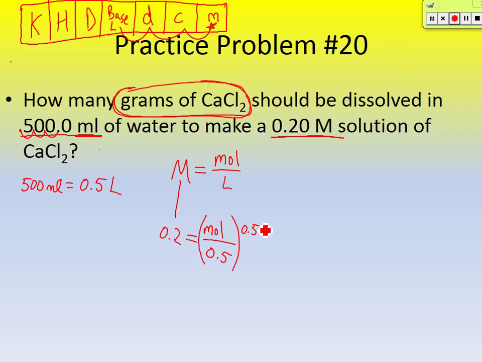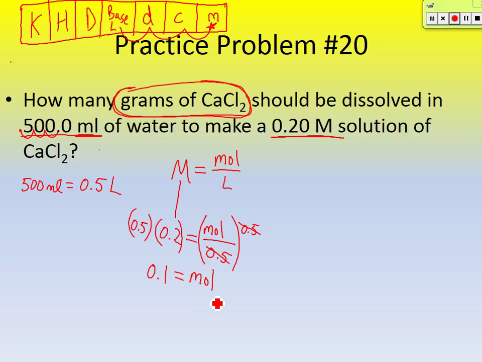Now it's an equation, so you got to do it to both sides. Over here, the reason that we times it was to get it to cancel out. It cancels out. On this side, 0.5 times 0.2, isn't that 0.1? Is equal to the moles.